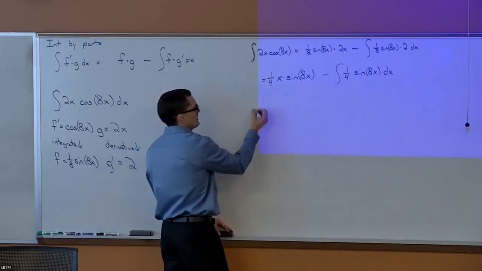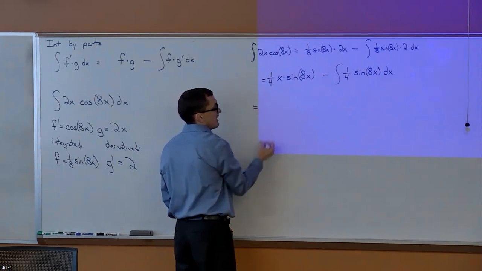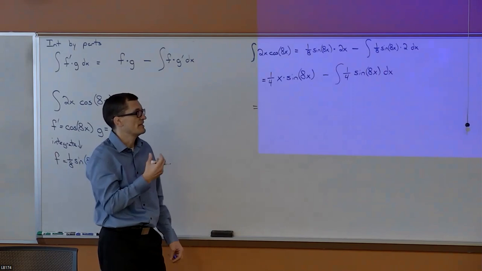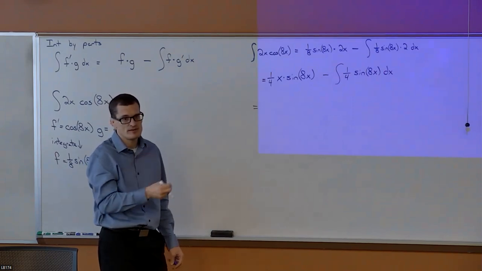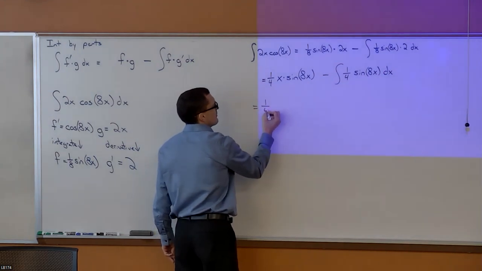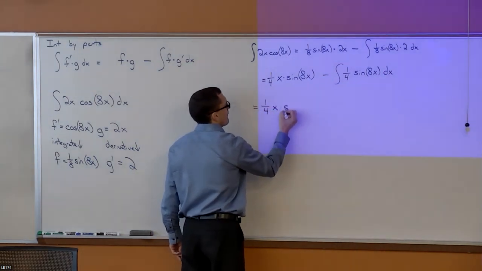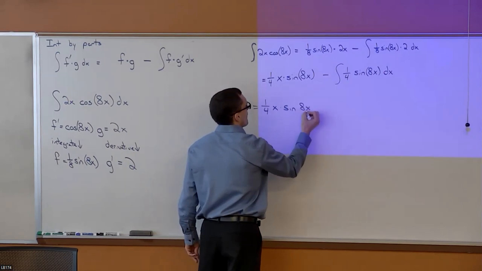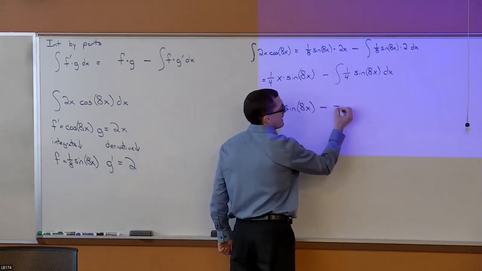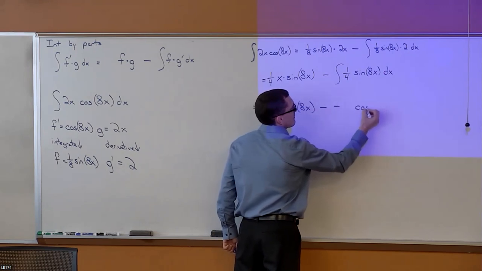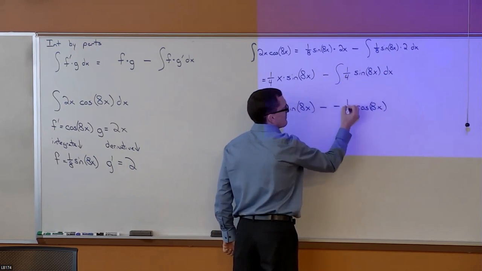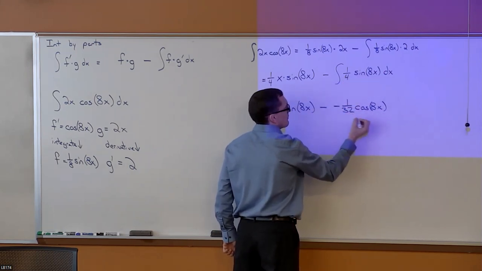The antiderivative of sine is negative cosine. And because we have an 8x in our argument, we'll divide by 8. So we'll get minus a negative cosine 8x. When I divide by 8, I get 1/32.